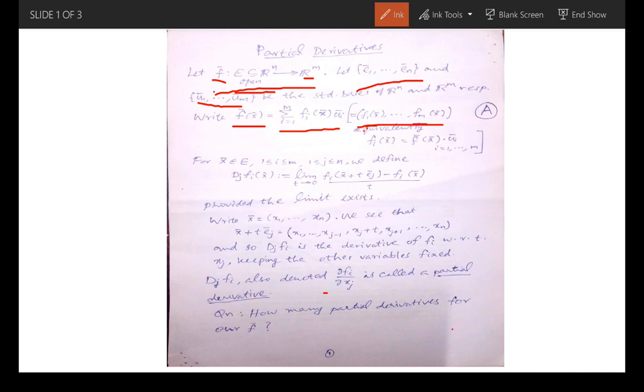Okay, now I am fixing an x in E. Now for i varying from 1 to m and j varying from 1 to n, we are going to define the partial derivatives.